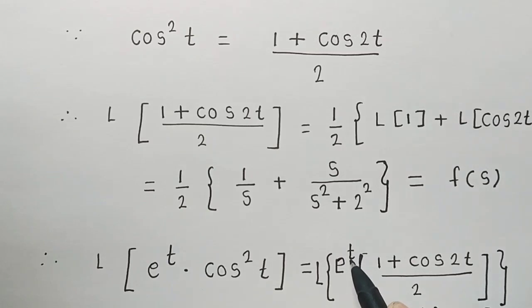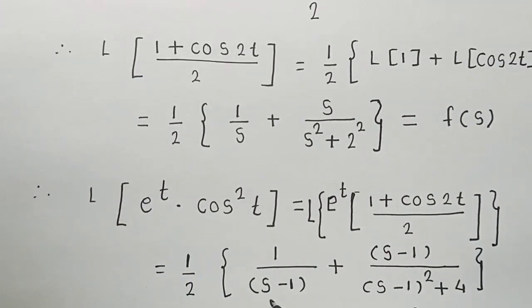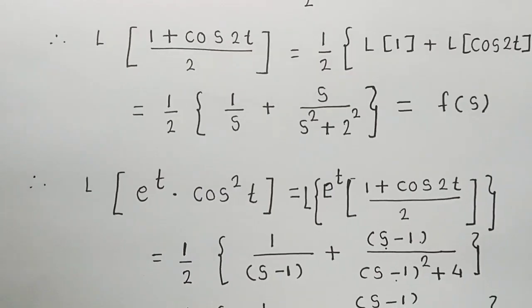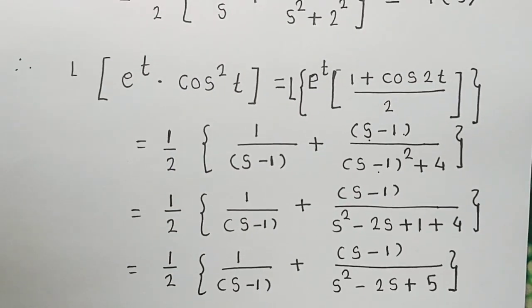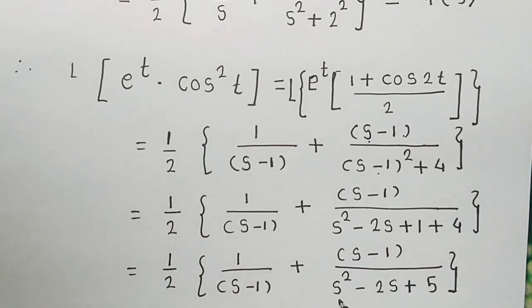Here the value of a is 1, so in the answer we replace s by s minus 1. So we get 1 upon 2 in brackets 1 upon s minus 1 plus s minus 1 upon s minus 1 whole square plus 4. Now after simplification we get the answer 1 upon 2 times 1 upon s minus 1 plus s minus 1 upon s square minus 2s plus 5.